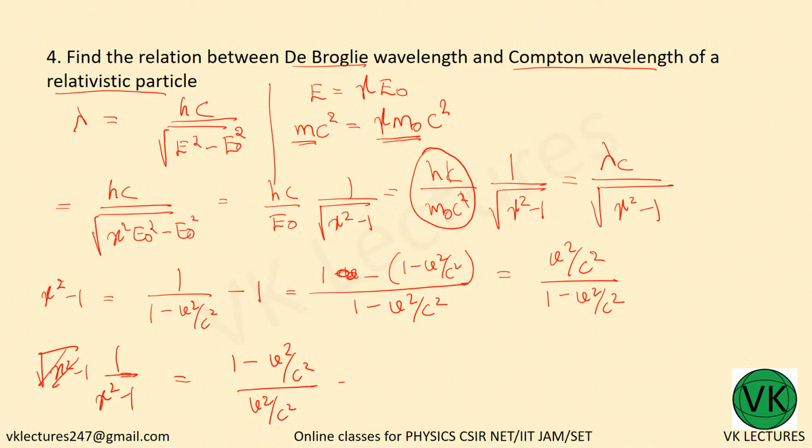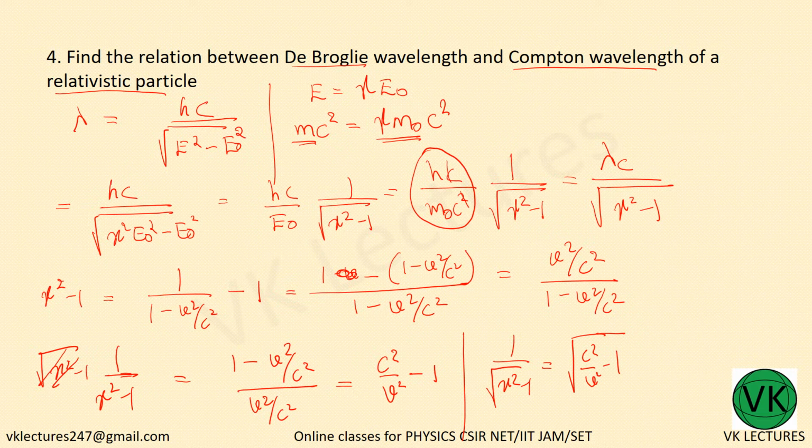Let us just separate it. So this will become c square divided by v square minus 1. So this is 1 divided by gamma square minus 1. So what will be 1 divided by under root gamma square minus 1? That will be equal to under root c square by v square minus 1.